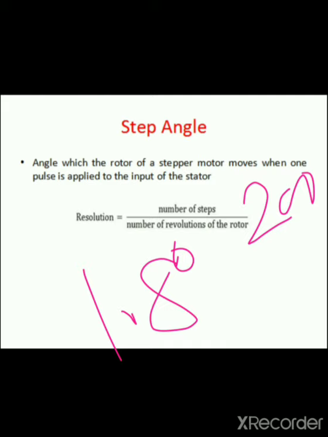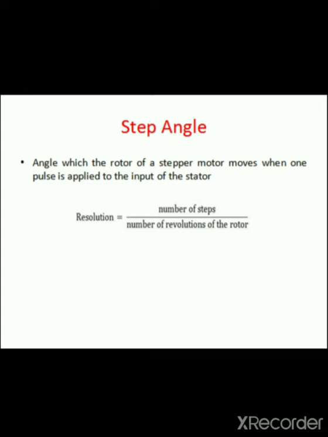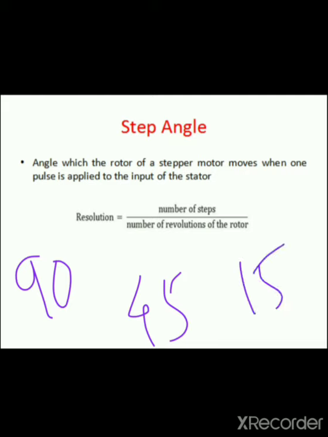The various step angles like 90, 45 and 15 degrees are common in simple motors.